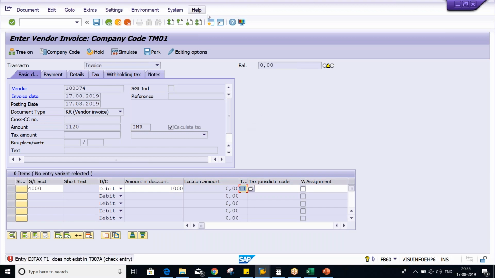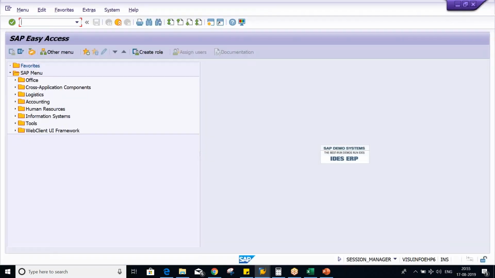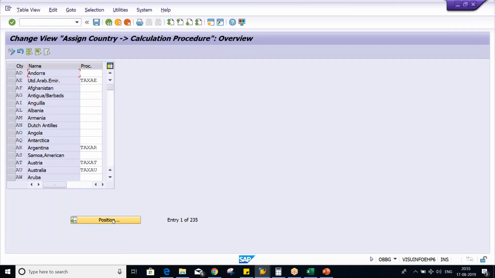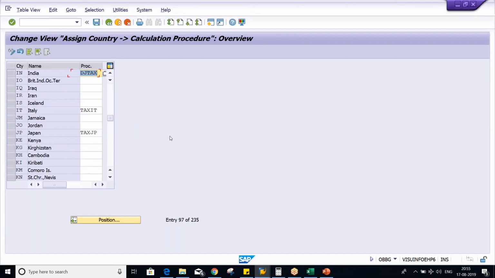Okay. So I guess somebody had changed the tax procedure or what? Let me check. So here mine is TAXINJ. Let me save it.